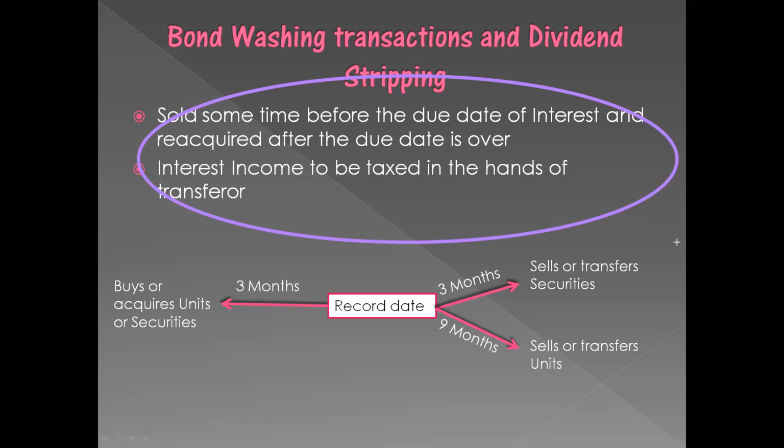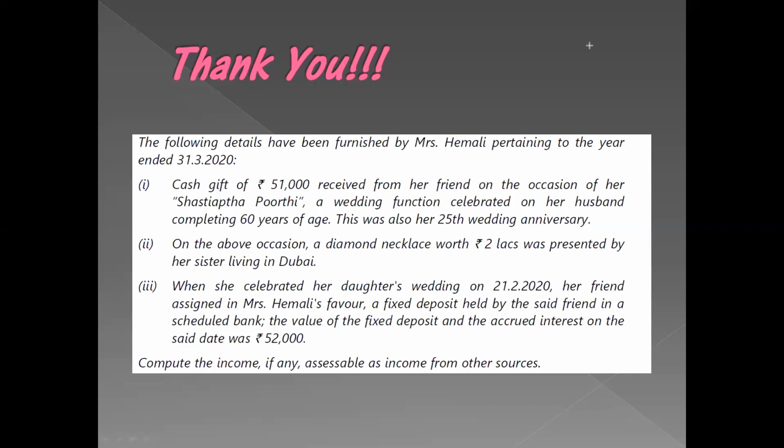Same as here, if you have sold sometime before the due date of interest and reacquired it after the due date is over, then the interest income should be taxed in the hands of the transferor, because this might be an arrangement for taxation avoidance.